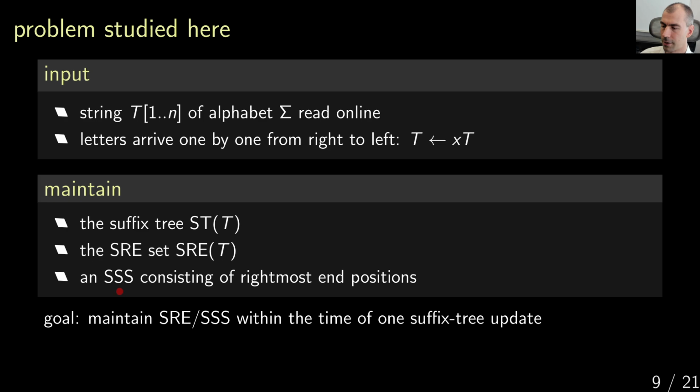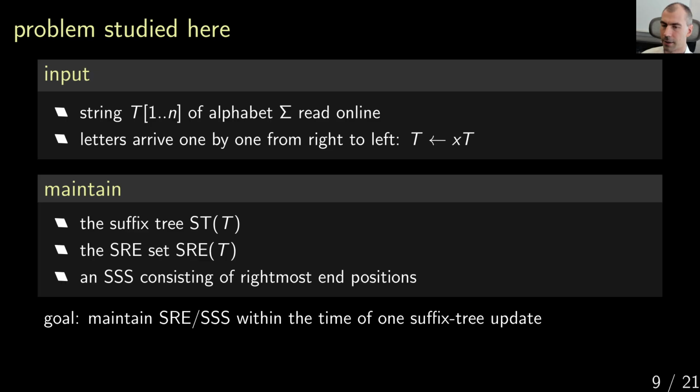And then we maintain from the SREs one particular SSS, which consists of the rightmost ending positions of the SREs. And the goal is to get everything in near real time: to use the suffix tree construction algorithm and maintain the SREs within the time of one suffix tree update.